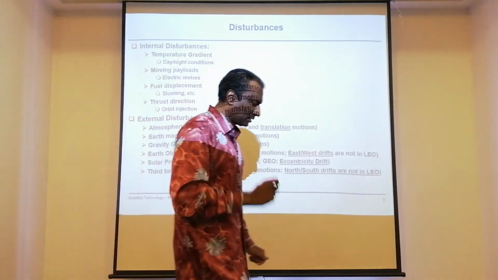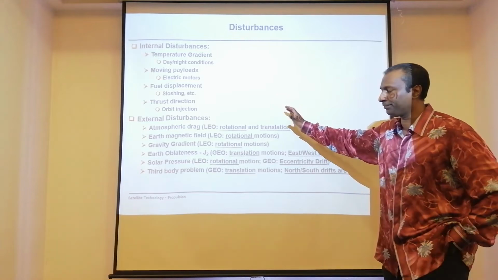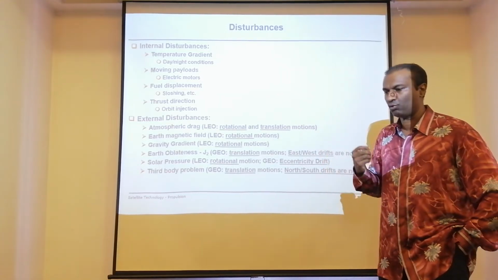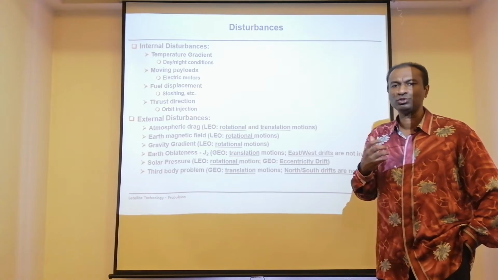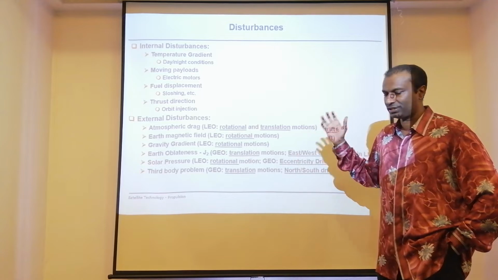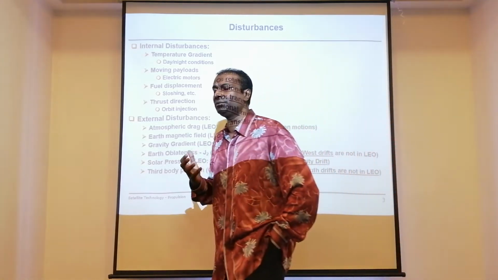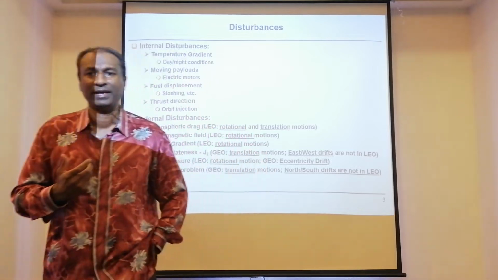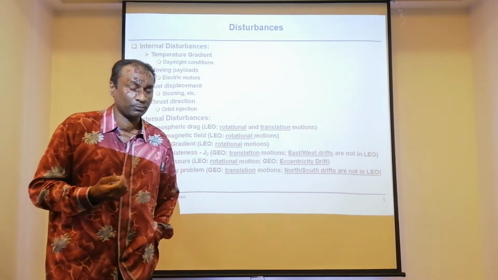You will understand this more deeply when you do space mechanics, but I need to introduce this already in satellite technology. Otherwise, you wouldn't really appreciate the subsystem we're talking about, which in this case is the propulsion system.